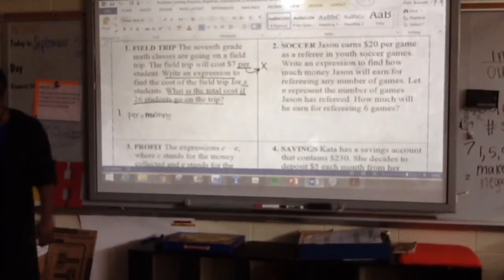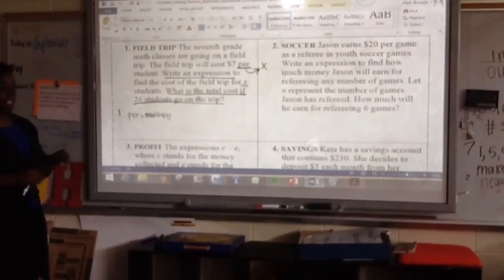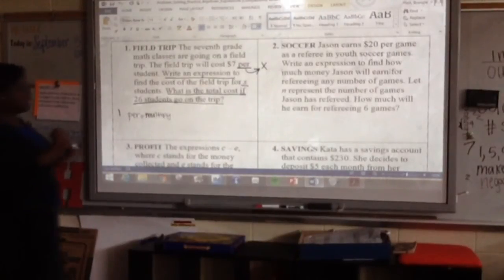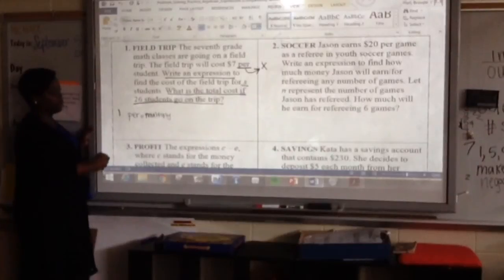It doesn't have an equal sign. Which one doesn't have an equal sign? Expression. An equation has an equal sign. And what do I call it when I use a greater than or less than sign? Starts with the I. Inequality. An inequality uses less than, greater than. Equation, equal sign. Expression, no equal sign.